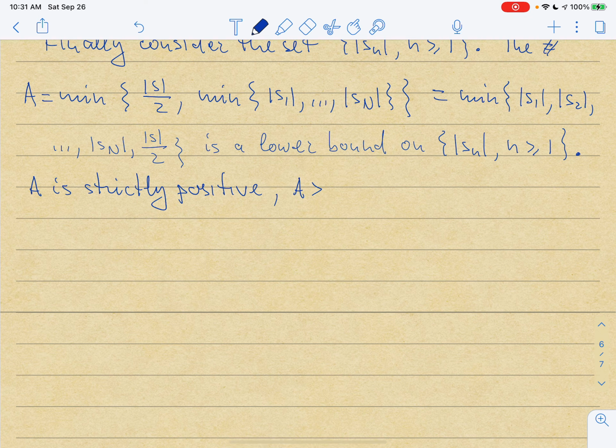A is greater than 0 because it is a minimum of capital N plus 1 positive numbers.